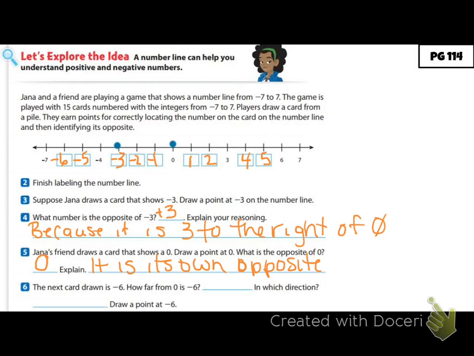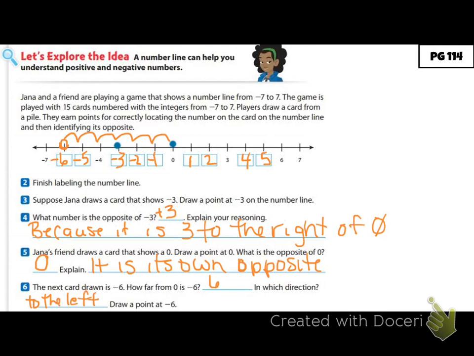So number 6 says, the next card drawn is -6. How far from 0 is 6 and in which direction? Well, if we start at -6, that's here. So I'm going to count. It's 1, 2, 3, 4, 5, 6 spaces from 0. And then in which direction? To the left.